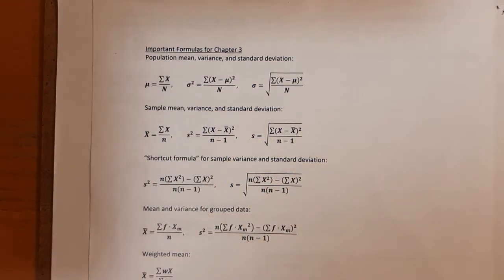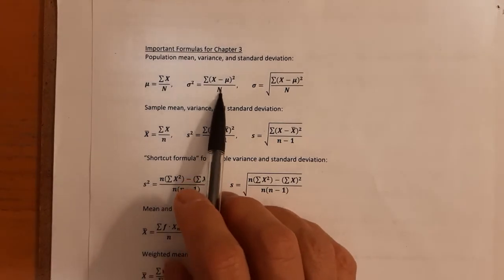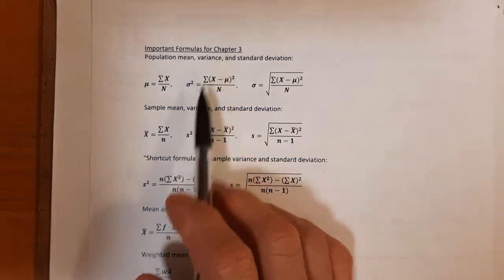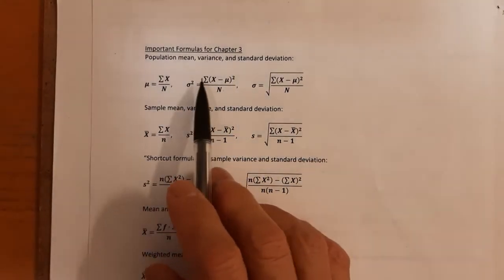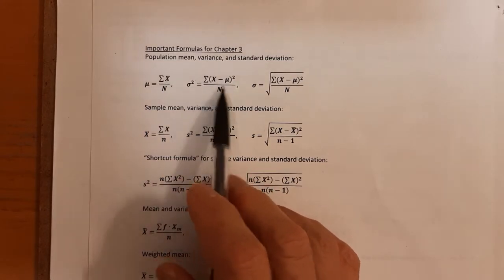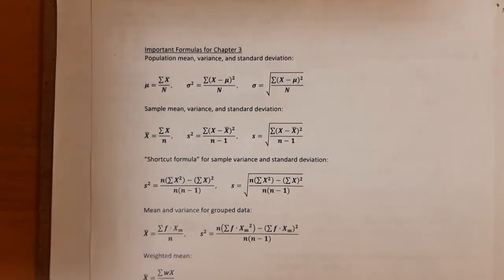That's the first formula we learn. Next, we are going to learn this formula. This formula is what we call the variance formula. Variance is the summation of x minus mean quantity squared, divided by n. That's the formula for variance.